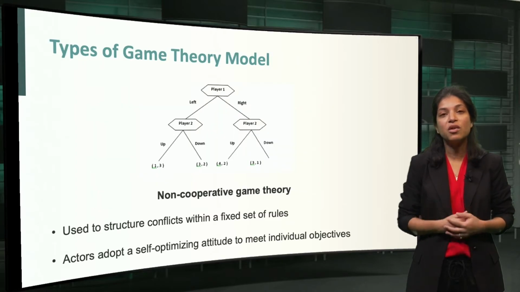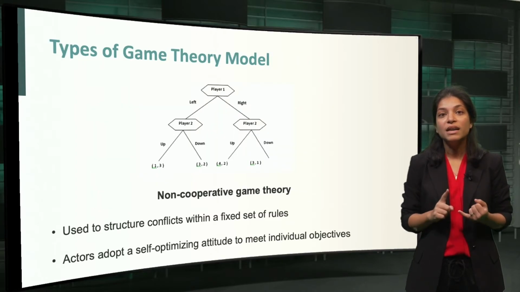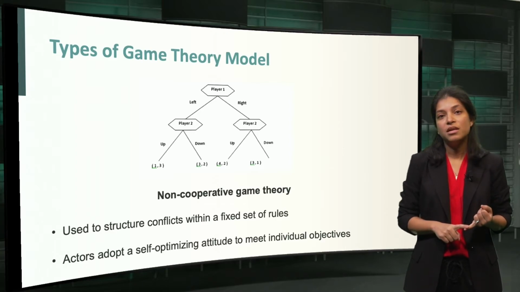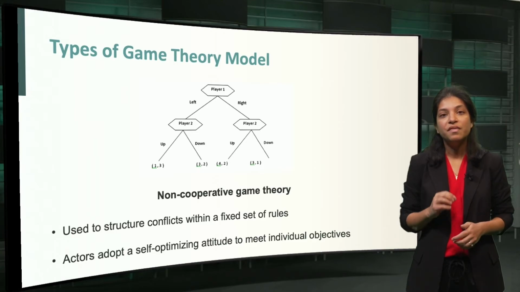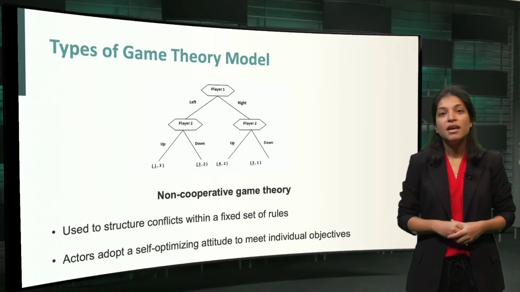There are two ways to model multi-actor games. One is through a non-cooperative game theory model in which actors compete for their preferred outcome. The non-cooperative model is used in situations in which actors are unwilling to cooperate in a fixed set of rules and make decisions to benefit themselves. These games are often represented using a decision tree like this.